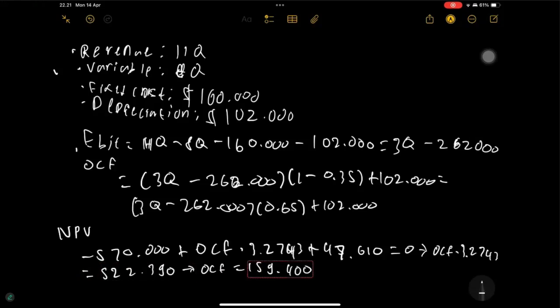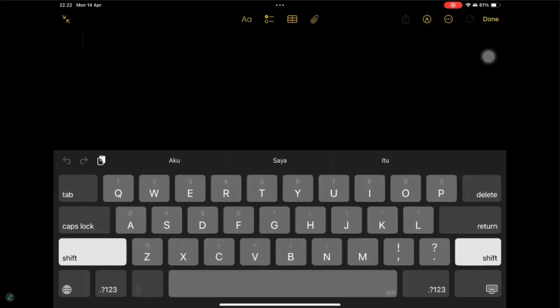Now we solve. Okay, let's create a new notes.